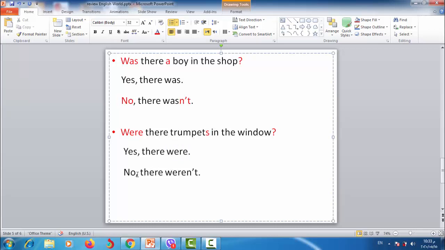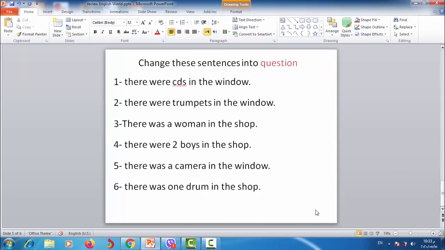If the answer is no, then no there weren't. This is number one, and this is number two. Because it is no, we have to stick not to were.